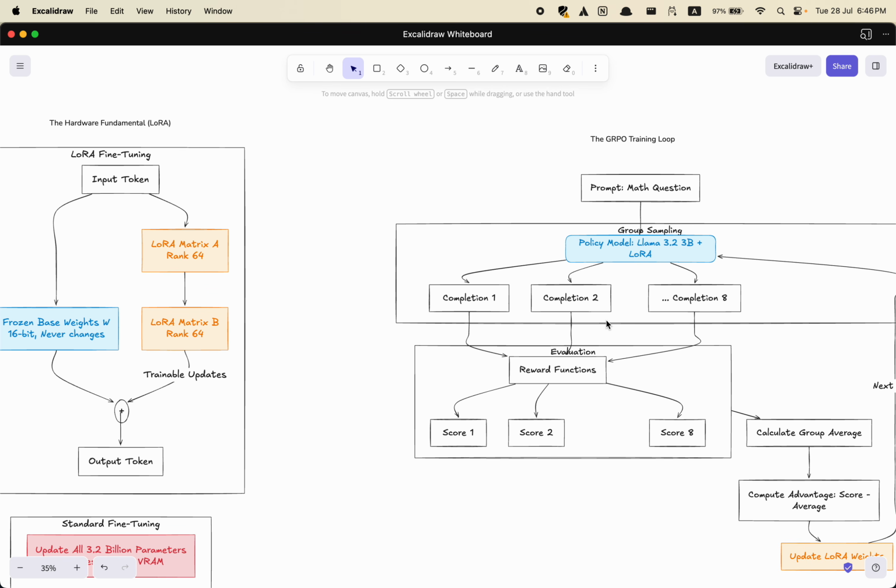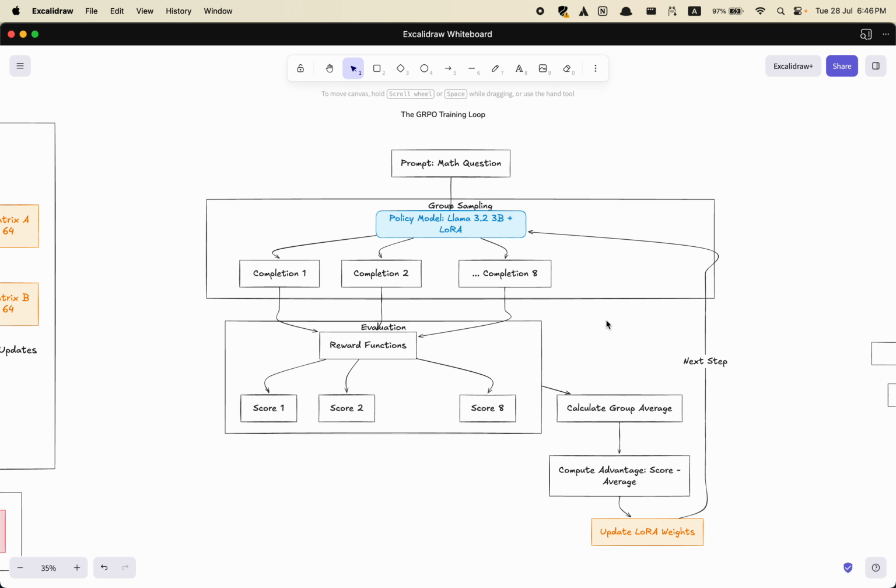So let's take a quick look at the GRPO algorithm and see how the model learned. This is the GRPO training loop that we see here. We used GSM8K, a bunch of math problems, and so we start with a grade school math prompt.